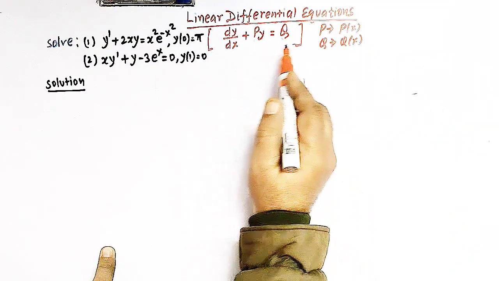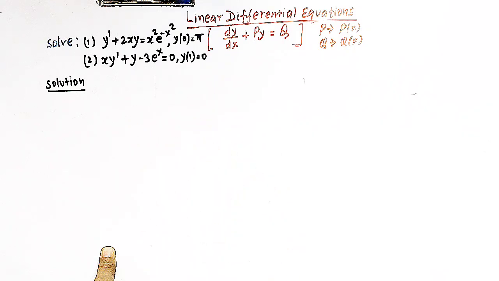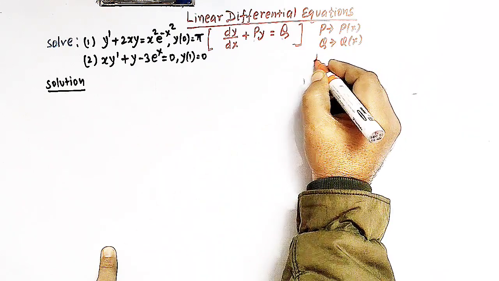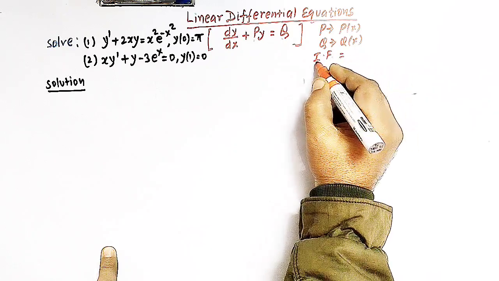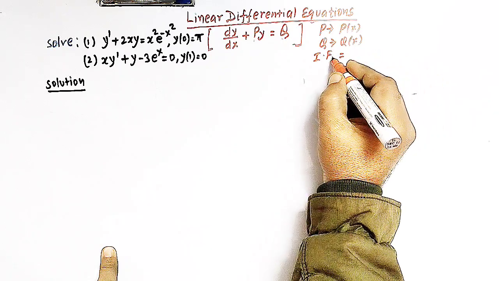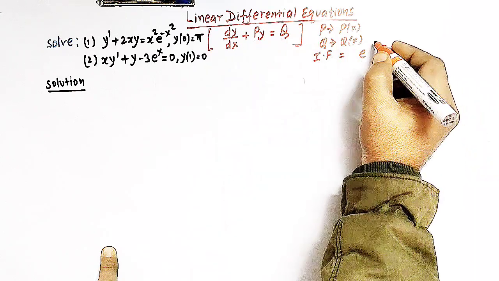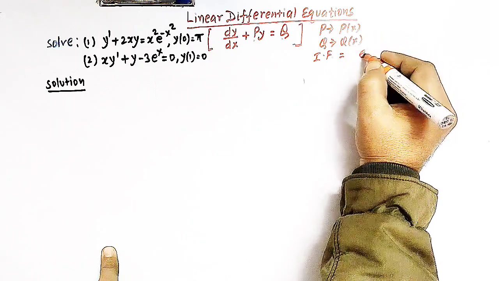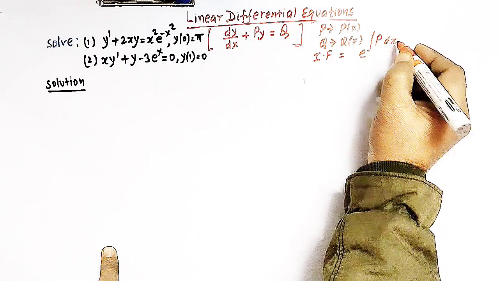So whenever we have a differential equation of this type, the first step is to find out the integrating factor, right? So let us denote the integrating factor by the abbreviation IF, and the integrating factor of this differential equation is given by this expression, that is e raised to the integral p dx, right?